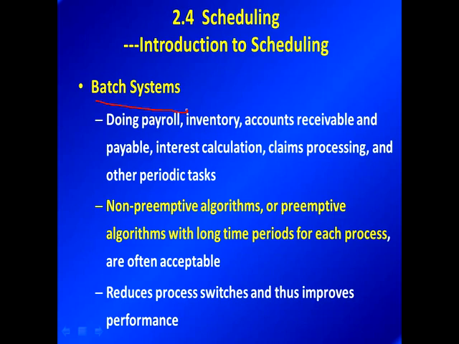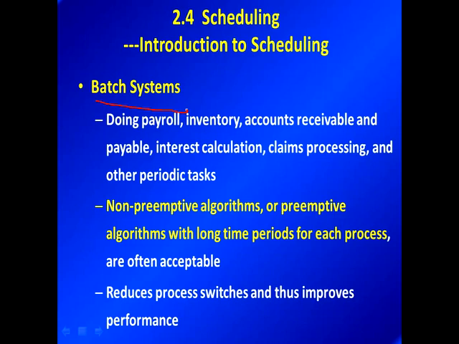For batch systems, we usually adopt non-preemptive algorithms because we just need to know the results for a batch of jobs. They just need to take turns to get into the memory and get into the CPU to run one after another.